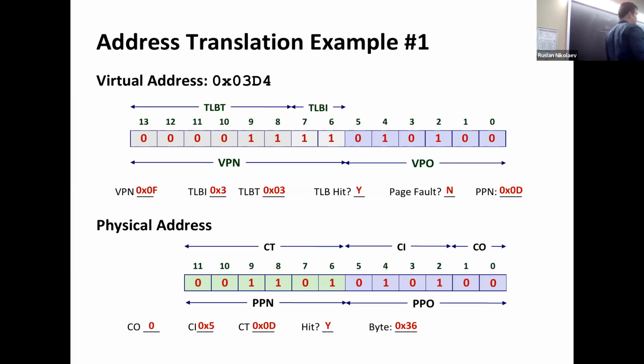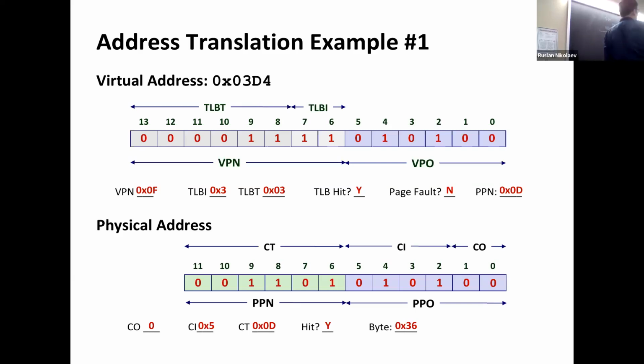For the TLB index, we have 16 entries, which is 4 sets with 4 tags in each set. That means we have two bits for the TLB index so that we have 4 sets. 2 to the power of 2 is 4. So this is going to be the TLB index.